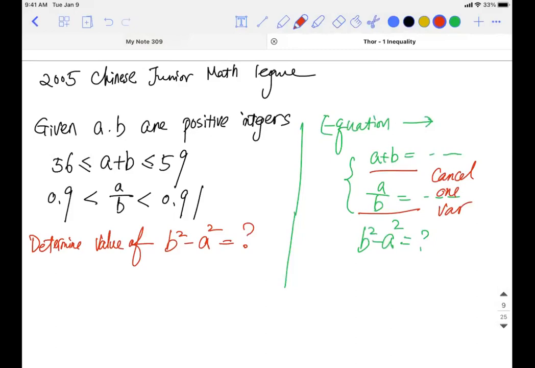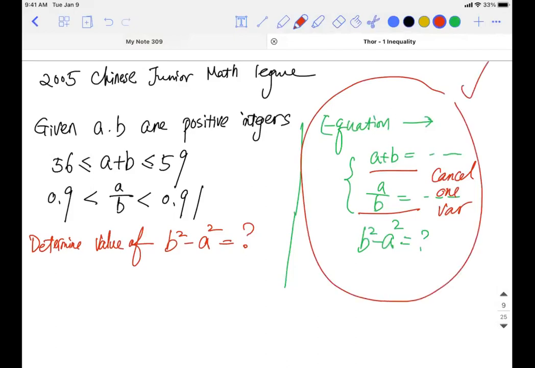You can do some substitution, you can do some division, whatever you like. Using A to represent B, and then put A and B into the second one. Hopefully you get what you need. This is 100% understandable for an equation.